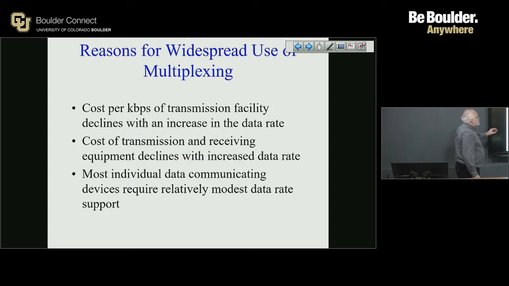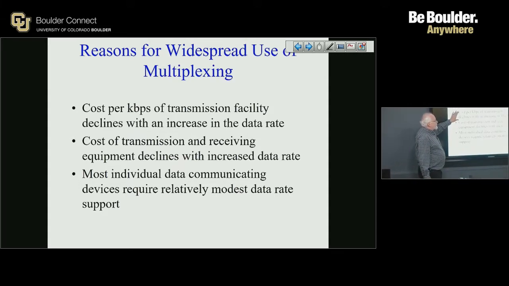Typically it's much more cost effective to put multiple users in a single channel, like a fiber channel. If I have a really broadband fiber channel, I can put hundreds or thousands of users onto that fiber channel. And that's really the way things are done anymore.